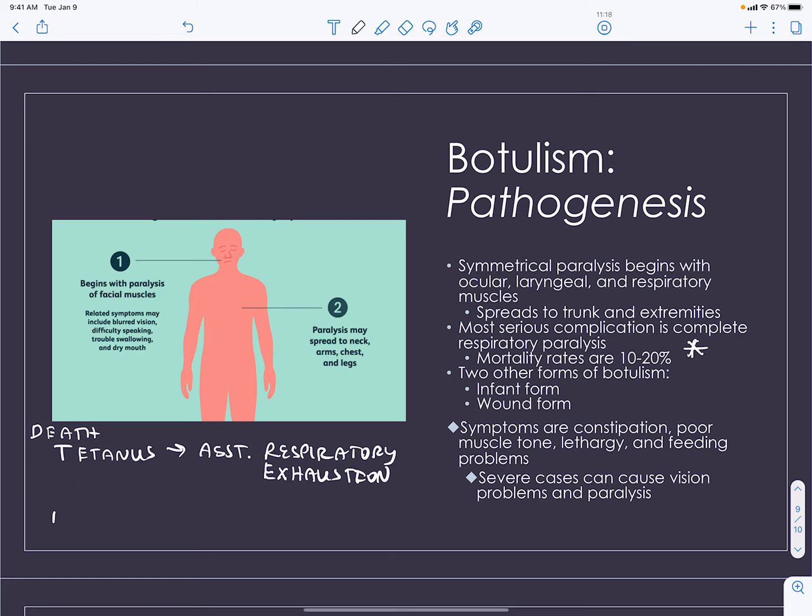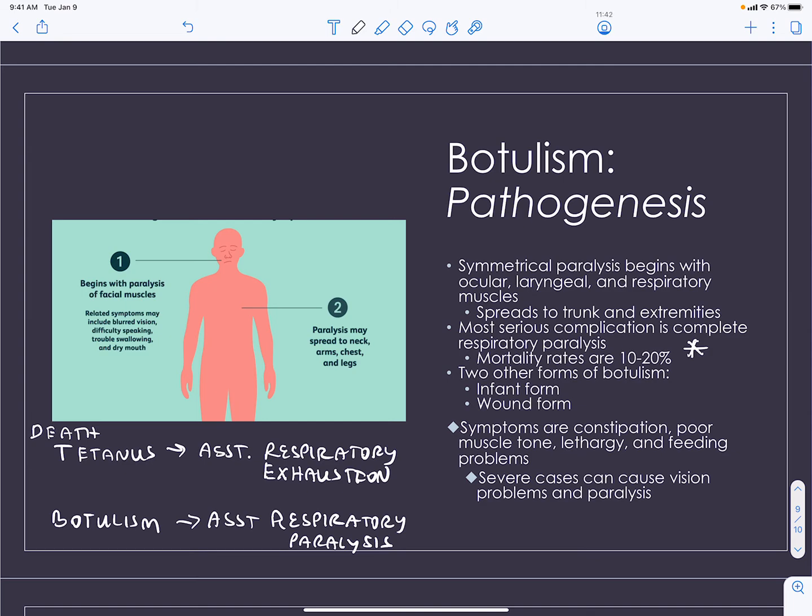And then your botulism is associated with respiratory paralysis. So one is overstimulating, one is understimulating.